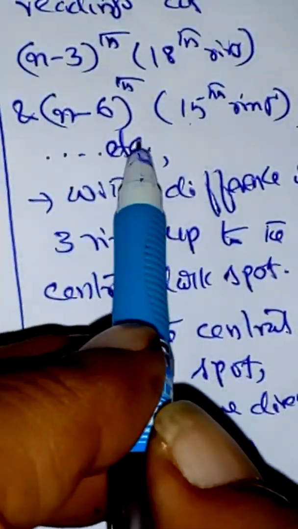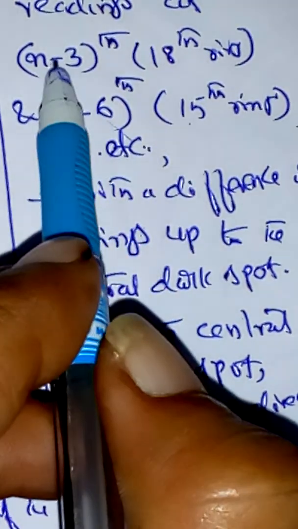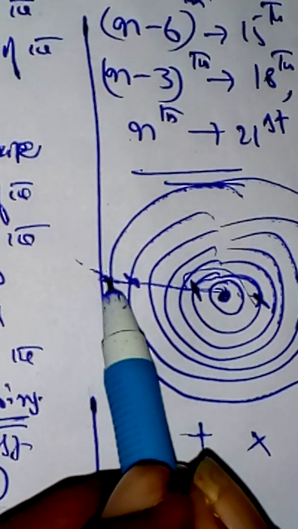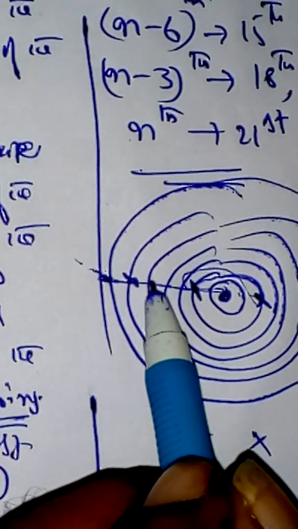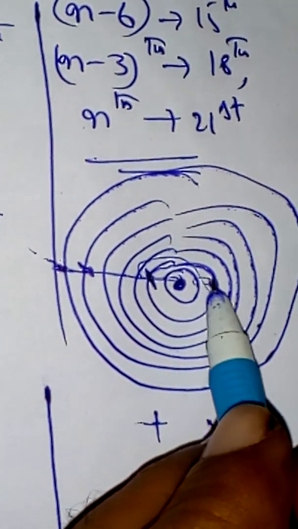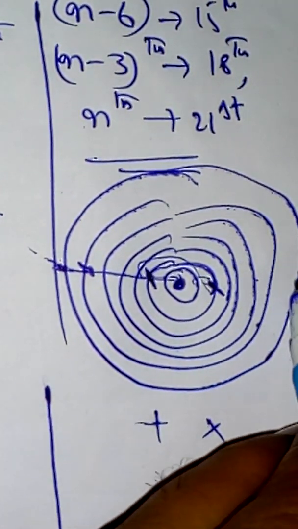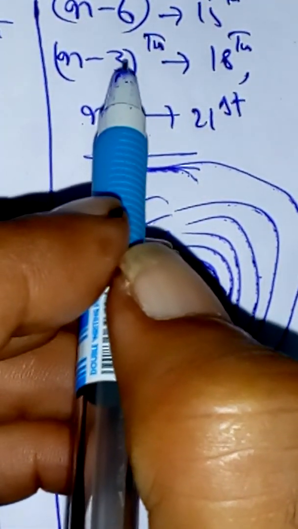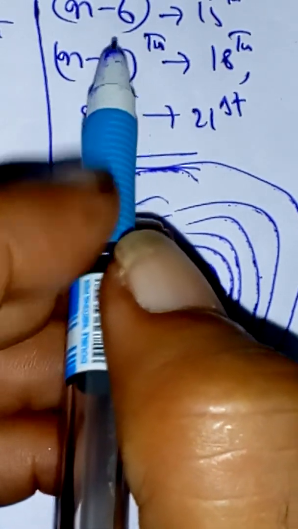So you will start from n minus 9, n minus 6, n minus 3, like this. Now when you are moving from here to here, it is n minus 3, n minus 6, n minus 9, n minus 12. Here it is n minus 12, n minus 9, n minus 6, n minus 3. So it comes in the reverse order. Got the point?